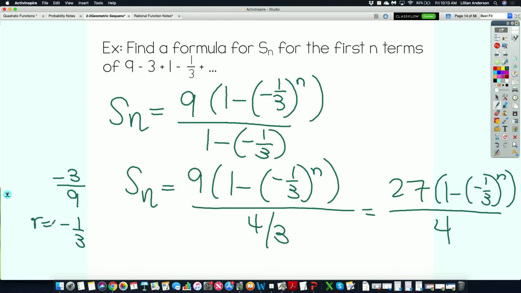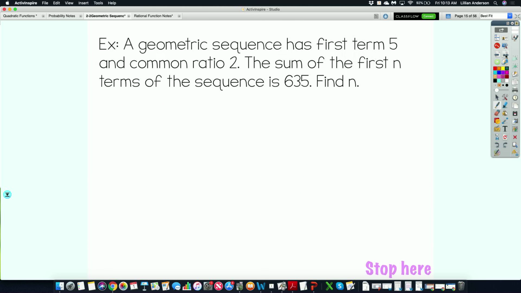Questions? Last one. Okay, last one. A geometric sequence has first term of 5 and a common ratio of 2. The sum of the first n terms of the sequence is 635. We need to find n.